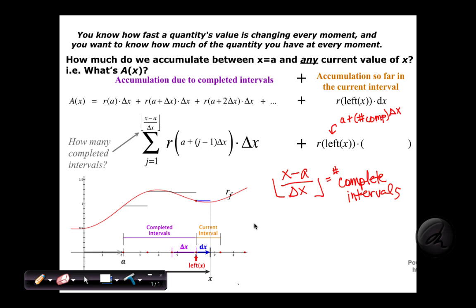So I could say that left of x, this function, is the same as a plus how many complete intervals do I have, times delta x.